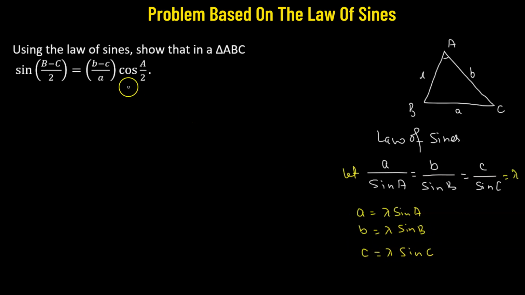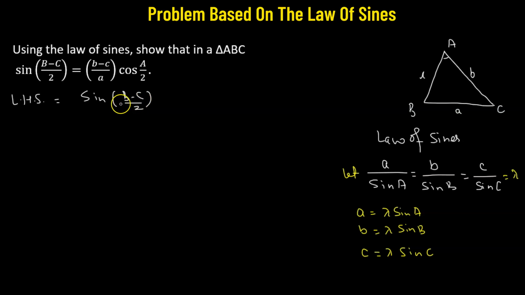So what we can do, if we replace (b minus c) over a on the right hand side with these values and do some algebraic manipulation, then we should get the expression on the left hand side. However, you can try it out. Whatever I will do here is go from the left hand side. So let's start with sine of (B minus C) over 2.